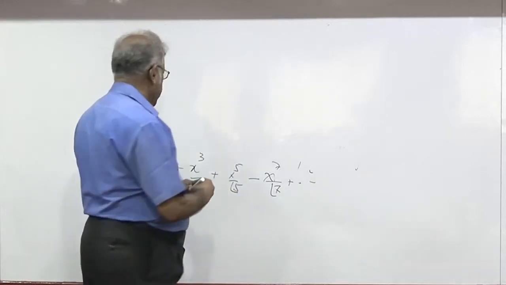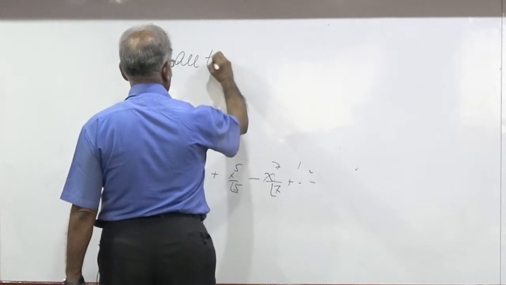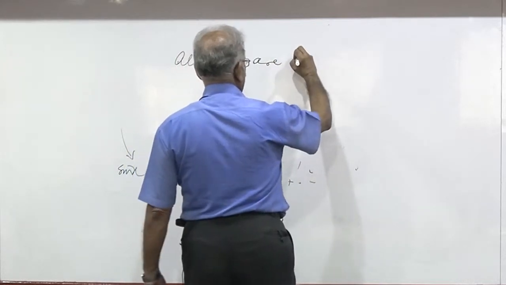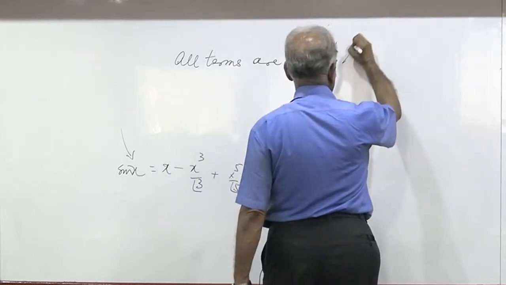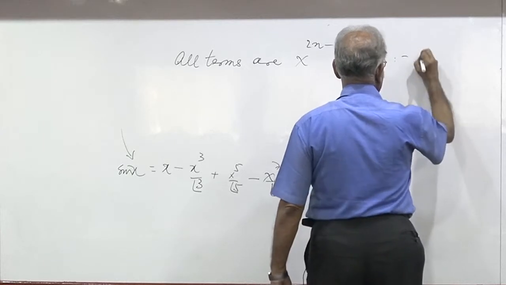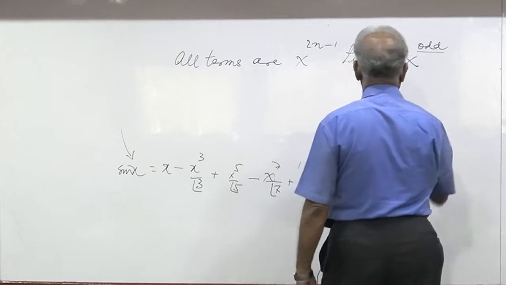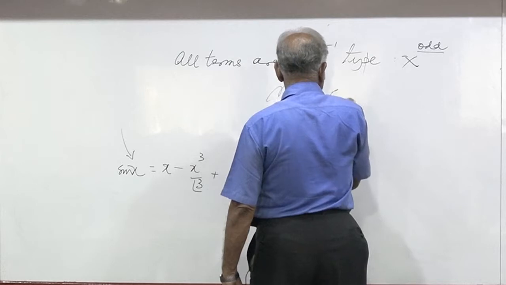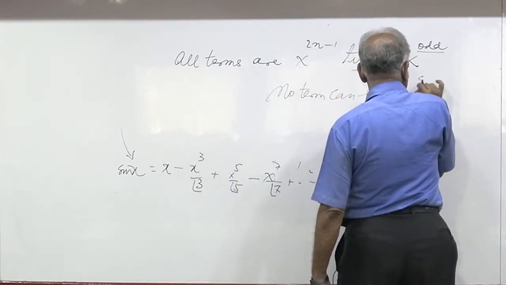So the observation is all terms are of the x to the power of 2n minus 1 type. In other words, x to the power of odd. No term can have x to the power of even.